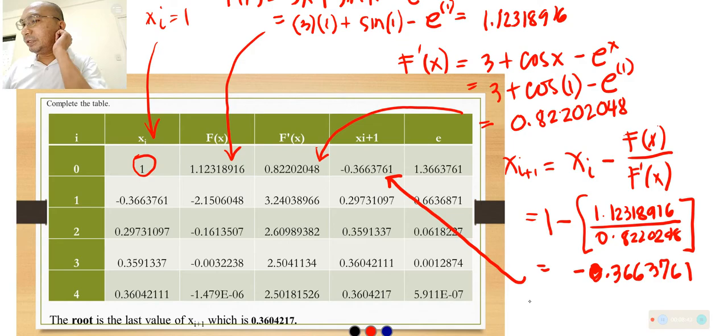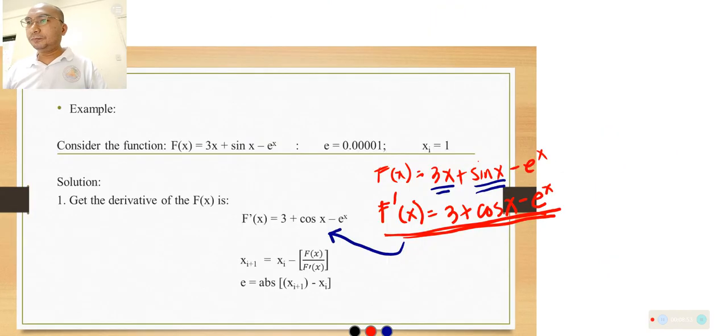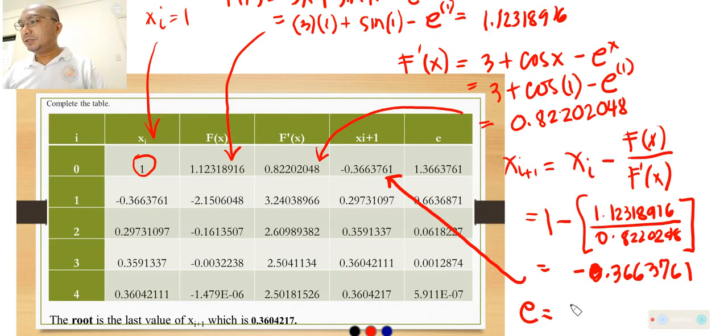And the error is equal to the absolute value of xi plus 1 minus xi. So that will be the absolute value of negative 0.3663761 minus 1.